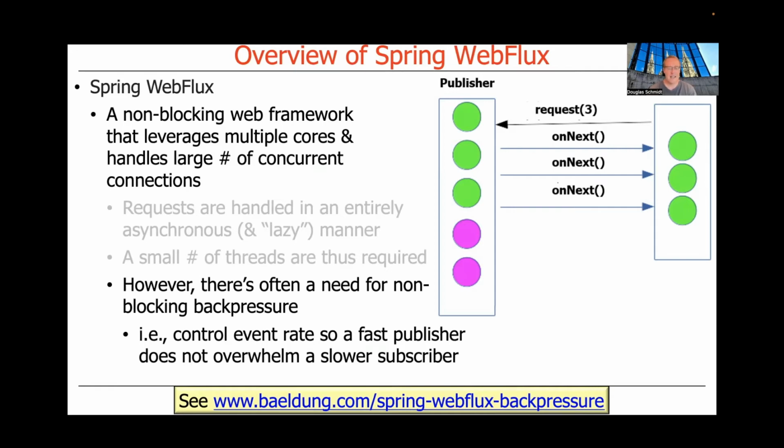But in an asynchronous and non-blocking environment, such as what WebFlux provides, you don't have that luxury because you can generate requests very quickly. So one of the things you'll see with Spring WebFlux is mechanisms to control the rate at which things are sent. Now, you have to be careful.